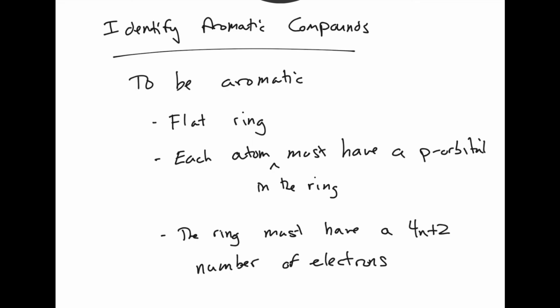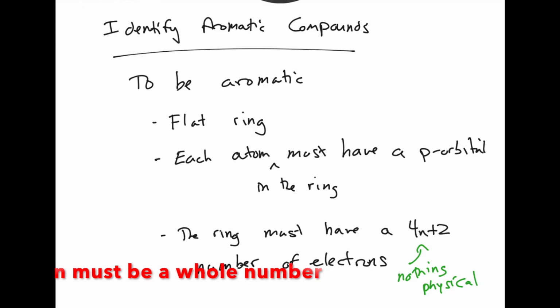So if you count all the electrons that are able to move in this uninterrupted pi chain going around your ring, they must add up to a 4n plus 2 number. Now, this is where I have to stress there's nothing about the ring or its structure that tells you what n is. 4n plus 2 is basically a counting game, right?